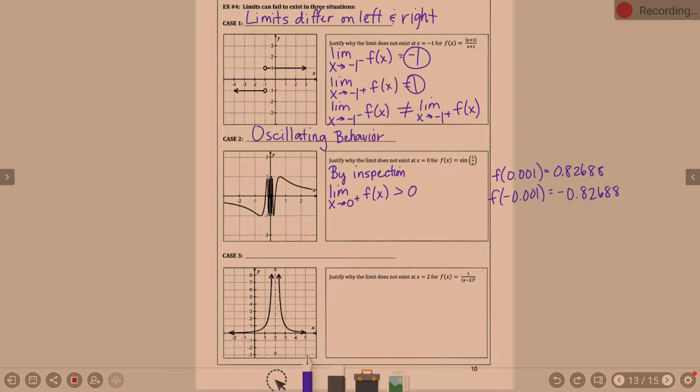It's going to be positive. Whereas the limit when x approaches 0 from the left is going to be negative. And if you have one positive and one negative, we can say, therefore, the limit does not exist.